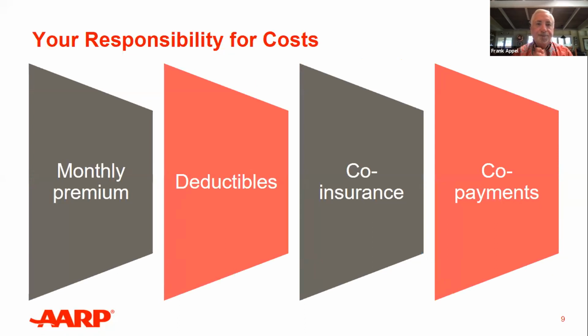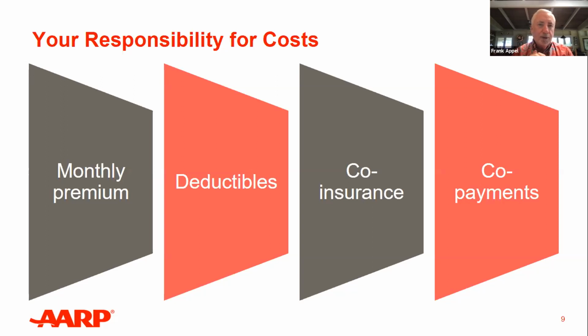Okay, so when you enroll in Medicare, you're still going to be responsible, just as you are with whatever insurance you have before you go on Medicare, for certain costs. There are monthly premiums that you will have to pay, and we'll go over those in detail.